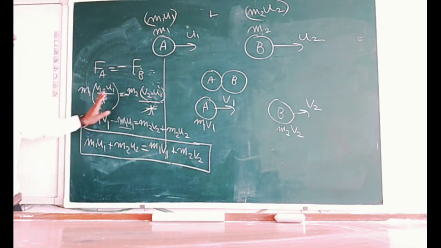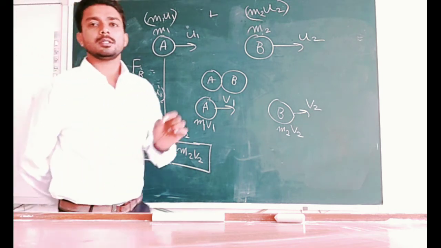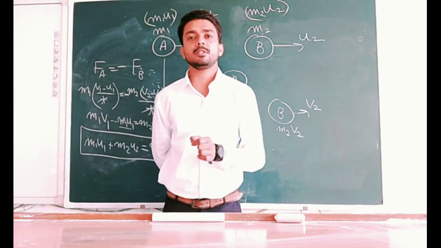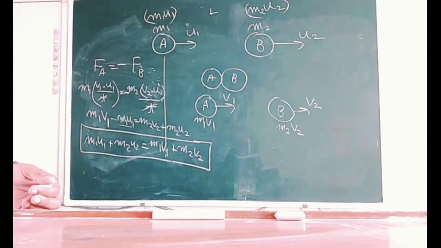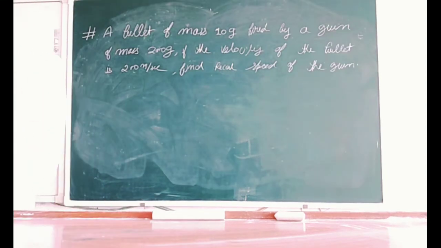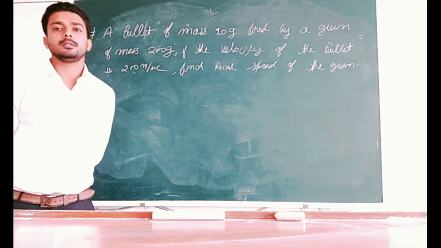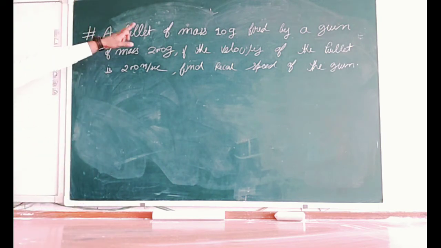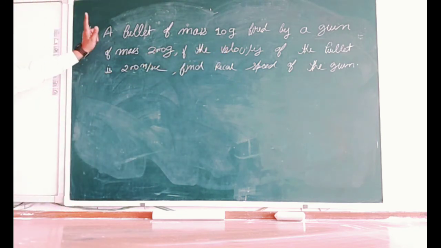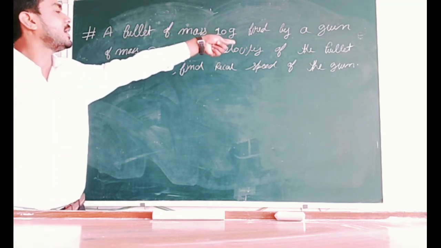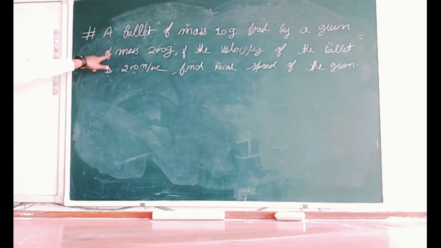Okay students, now we are going to discuss a small numerical problem which is based on the conservation of momentum. Students, the numerical problem is: a bullet of mass 20 gram is fired by a gun of mass 200 gram.